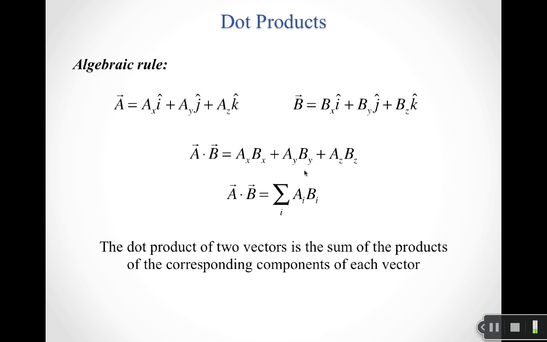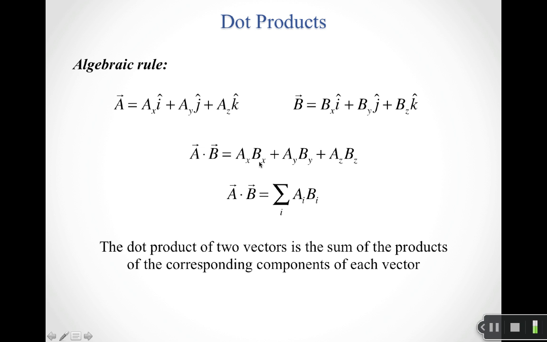So fundamentally, the dot product of 2 vectors is the sum of the products of the corresponding components of each vector. So if you've got 2-dimensional vectors, then you're going to have 2 indices, say x and y, that you would sum together. If you've got 3, you're going to have x, y, and z.